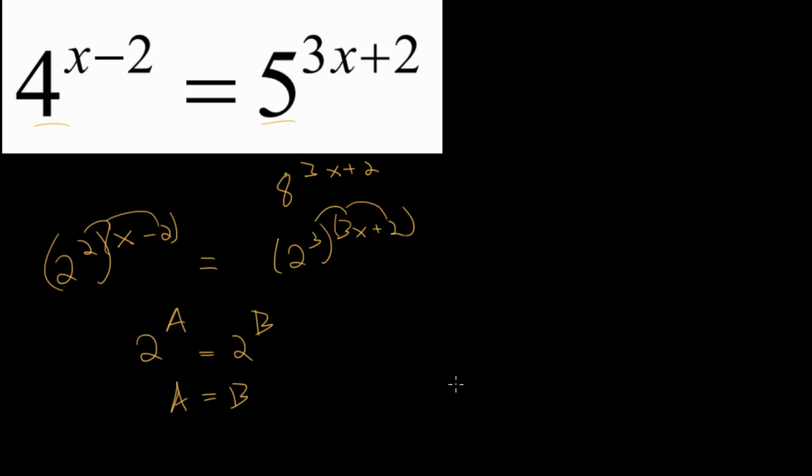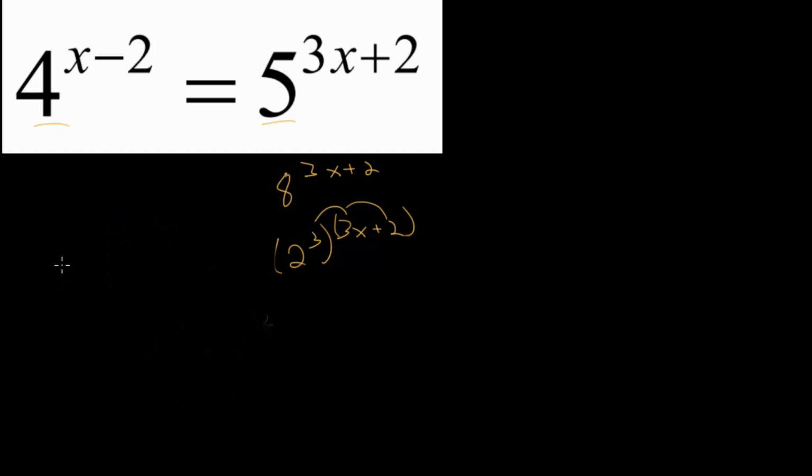And that strategy will work if we can rewrite these bases as the same base, as some power of the same number. However, 4 and 5 cannot be written as the power of the same number. So this strategy will not work here. And if this strategy doesn't work, what we can try is using logarithms to solve our equation.